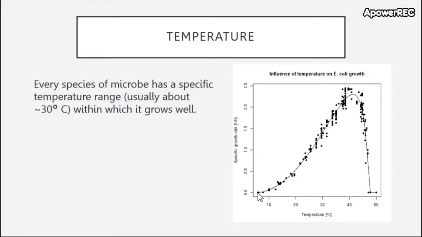So we can see on this image here, it might be around maybe 2 degrees Celsius or so, or maybe a little bit higher, all the way up to, I don't know, it looks to be maybe 46 degrees Celsius before you have a specific growth rate of 0. A specific growth rate of 0 is no growth at all.